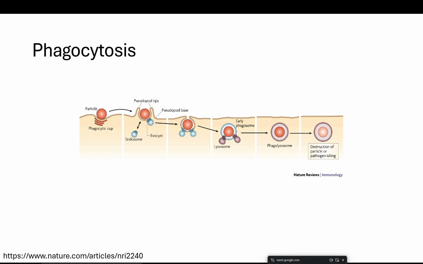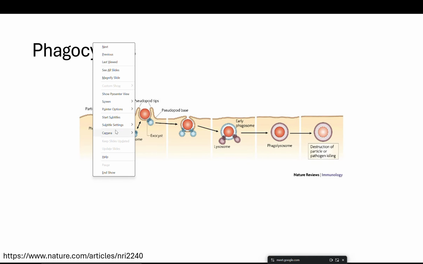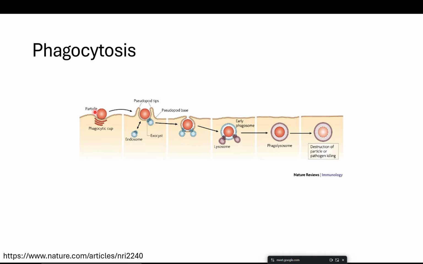There are different types of phagocytosis, but the basic principle is that once the cell is in contact with the particle, if it recognizes that the particle is foreign, it is going to form a phagocytic cup. Depending on whether it's a receptor dependent or independent reaction, some downstream processes will be different.